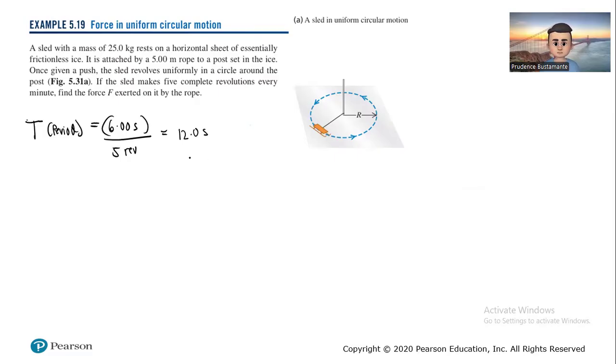Okay. So we are given here R is equal to 5.0 meters. Find the force exerted on it by the rope.